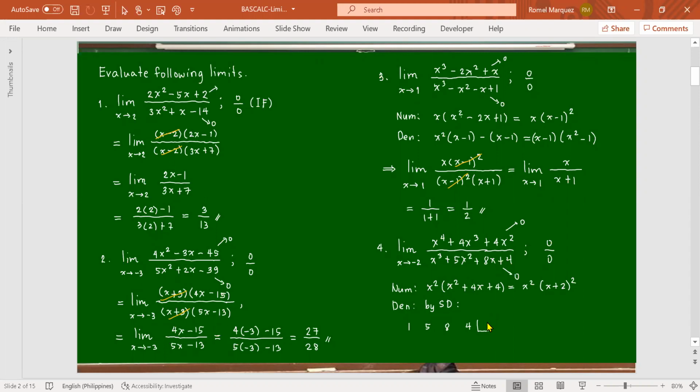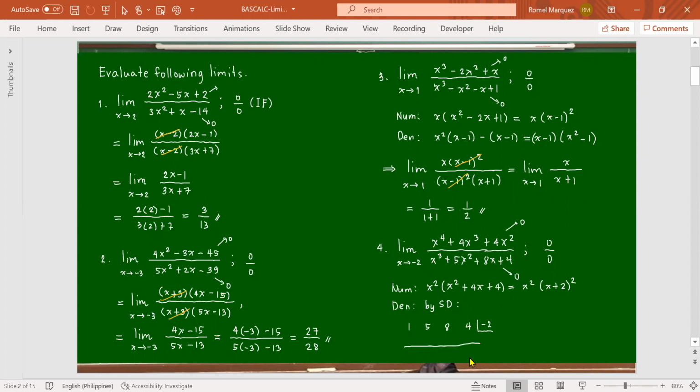Dahil nag-0 siya sa negative 2, wag ng iba. Sigurado kasing x plus 2 is a factor. If x plus 2 is a factor, it means x equals negative 2 is a root of this when equated to 0. Okay, guys? So itatry nyo yung negative 2. Makukuha nyo yung other factors.